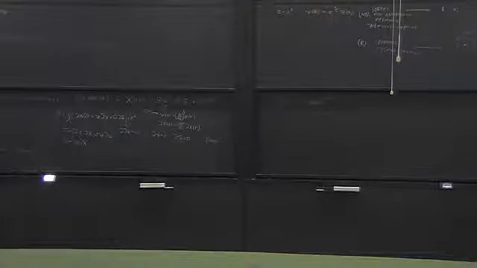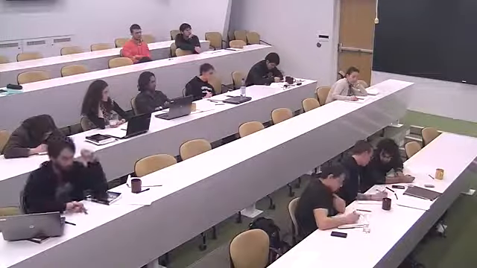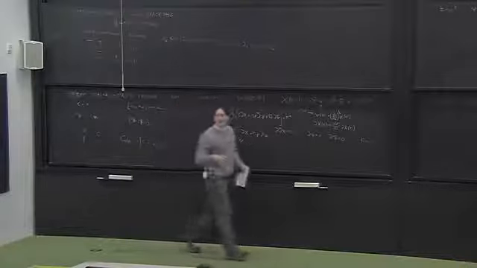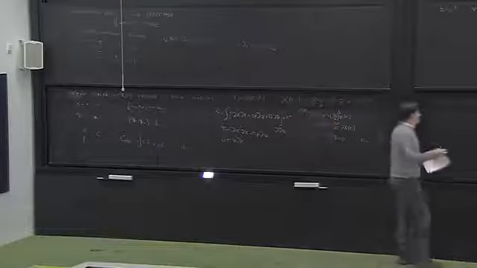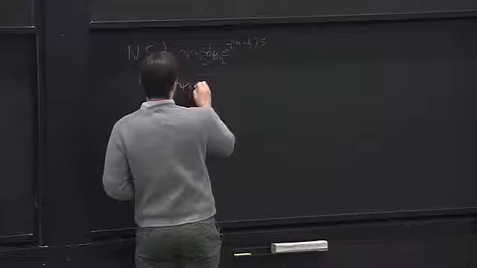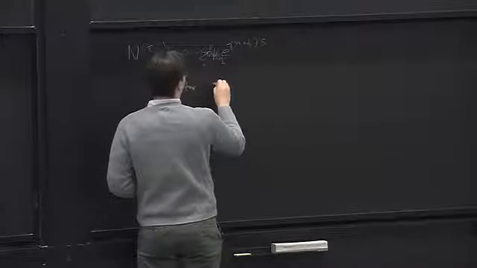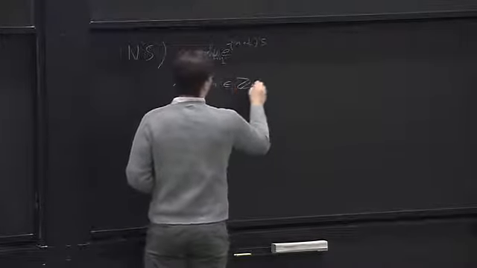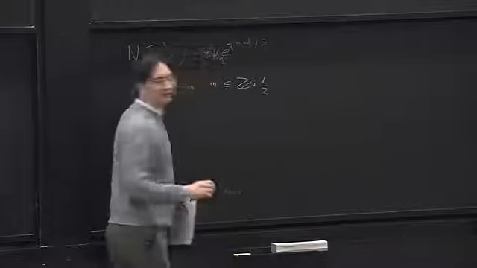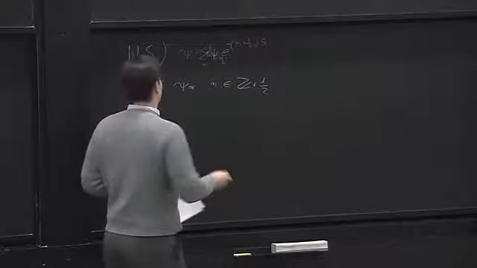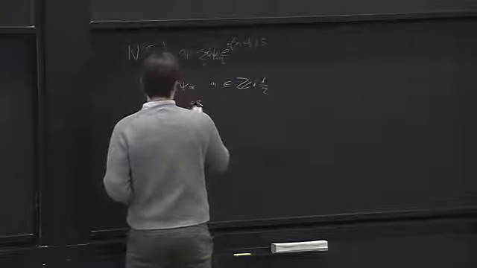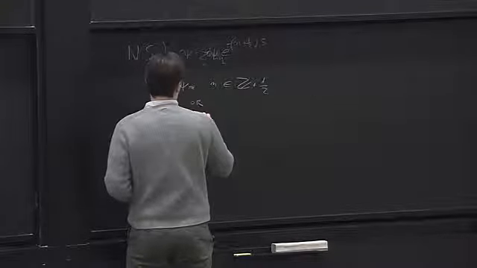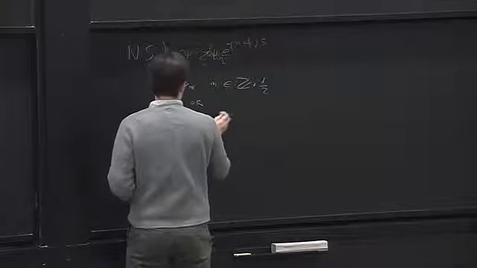The anti-commutation relations are still written like that, but n lives in the integers shifted by half. So I can write it as psi n with n belonging to Z plus 1/2, or I can just write it as psi n plus 1/2.